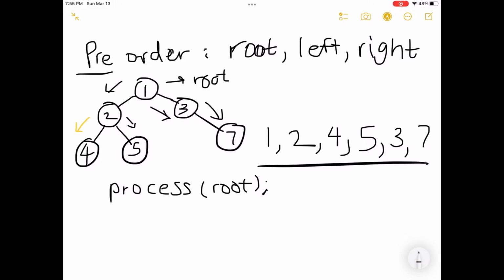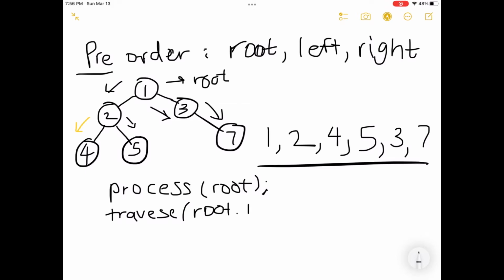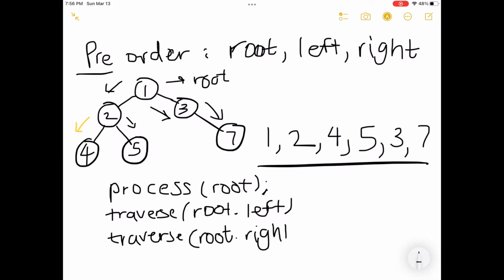We process the root, and then we would traverse left. Usually how we implement it is through the root, so we would just say root.left here, and that just means go and now do the same process for the left of it. And we do the same thing here, and we say traverse root.right, okay?